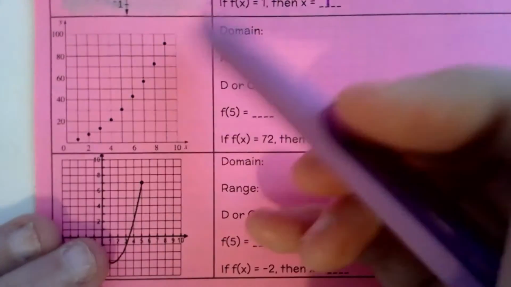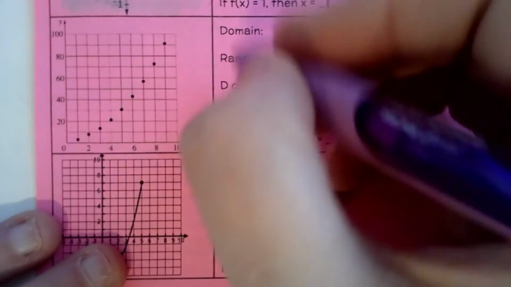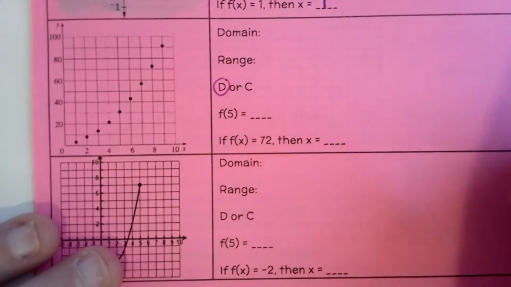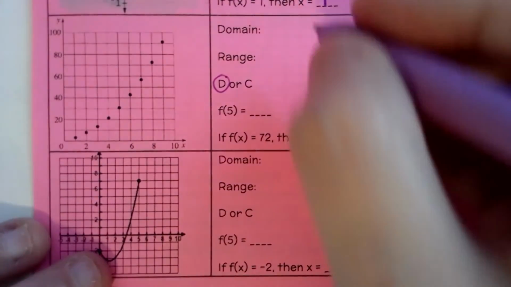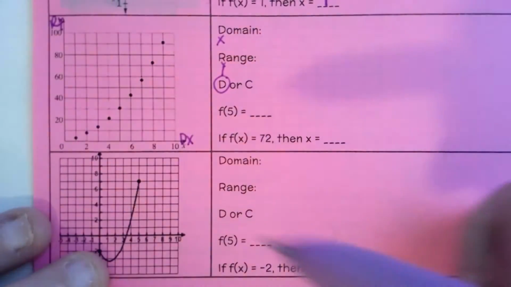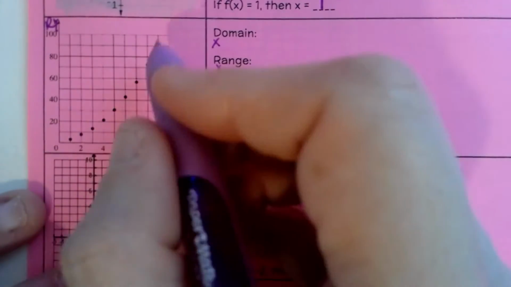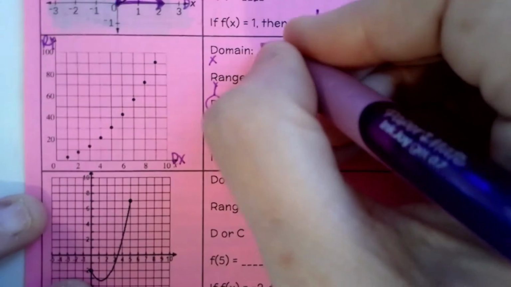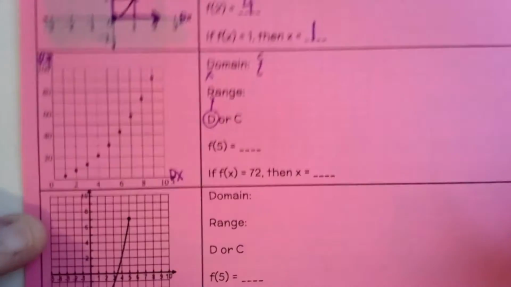This one right here is discrete data. Because I see dots, I have discrete data. This one's going to be a little trickier to find my domain and range because I'm having to guesstimate. In this case, because it's dots, my domain is going to be a list, starting with my fancy brackets.